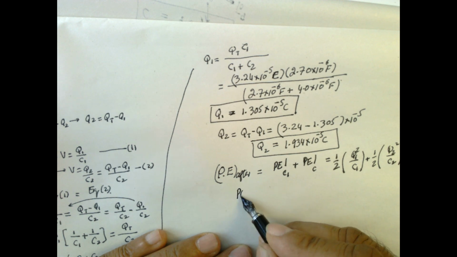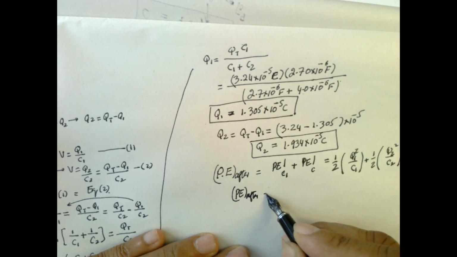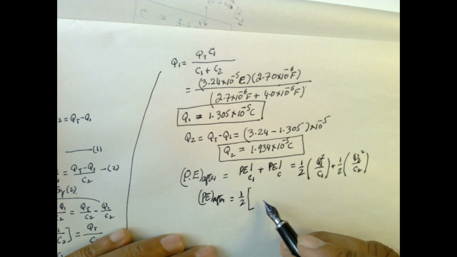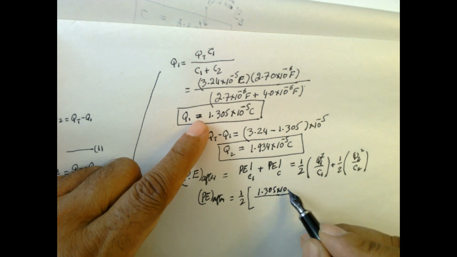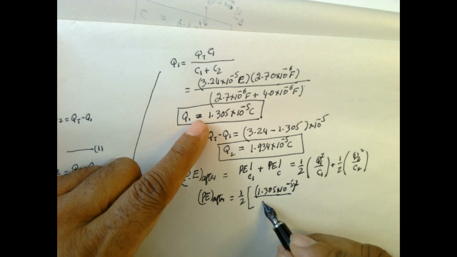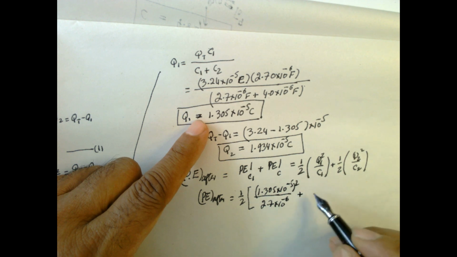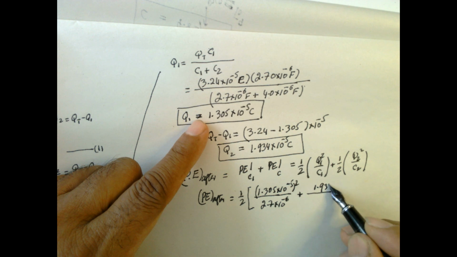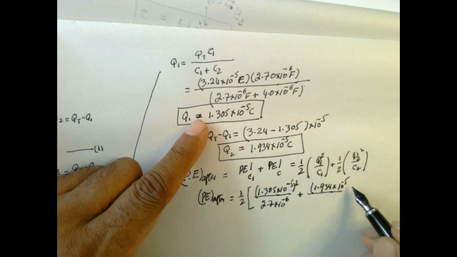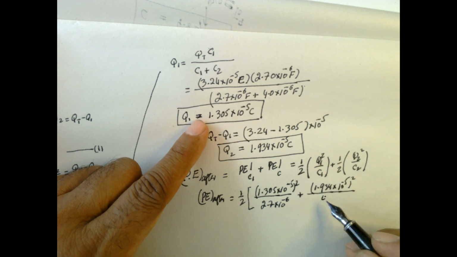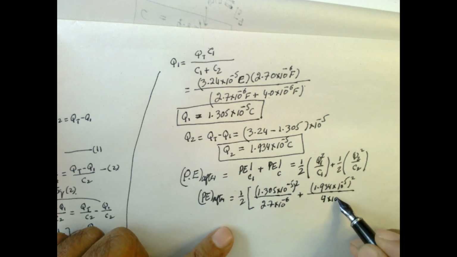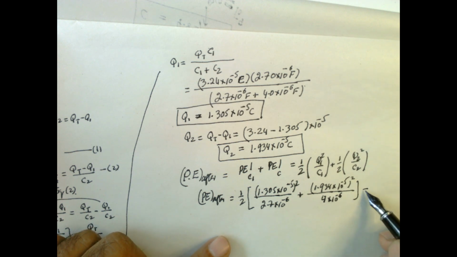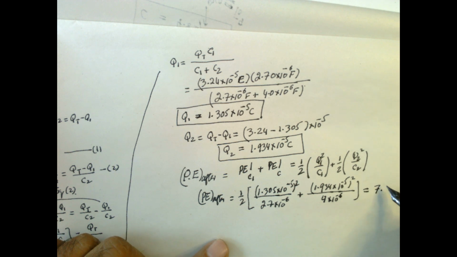So potential energy after is equal to half times Q1, which is 1.305 times 10 power minus 5 whole square over 2.7 times 10 power minus 6, plus Q2, 1.934 times 10 power minus 5 whole square over capacitance 4 times 10 power minus 6, and this energy is equal to 7.83 times 10 power minus 5 joule.